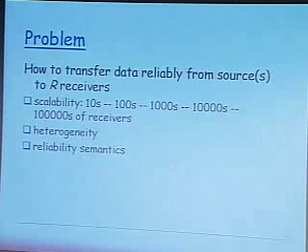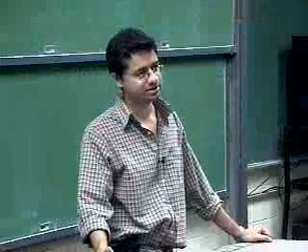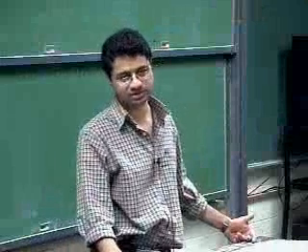Suppose your multicast group is a streaming sports event. You're trying to watch the live telecast of some sports event on the internet. That kind of a multicast session will have hundreds of thousands of receivers.